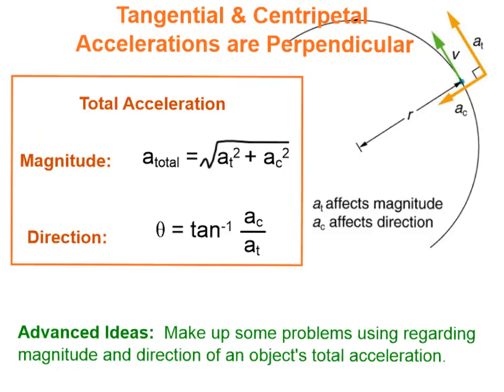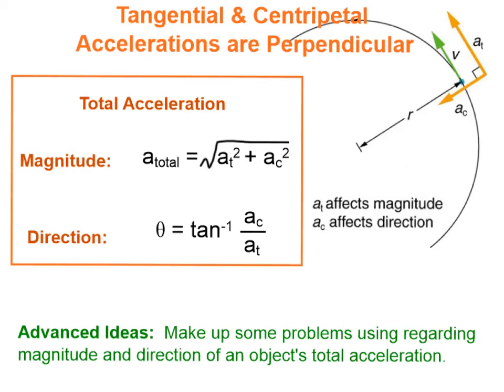Last but not least, let's look at the difference between tangential acceleration and centripetal acceleration. They are not the same thing. If we think about our car example where a car is moving along a circular track, it has a centripetal component of acceleration because the direction that it's traveling, and hence the direction of its velocity, is continually changing.